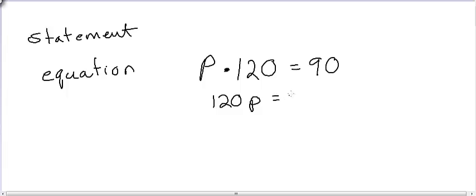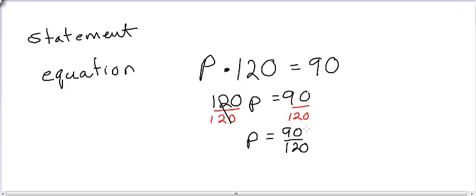So I have 120p equals 90. To solve for my variable, I want to get rid of 120, so I will divide by 120. Now I'm left with P, because 120 is reduced to 1, equals 90 over 120.